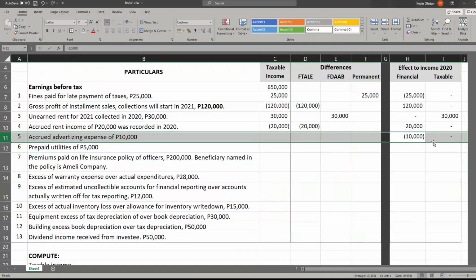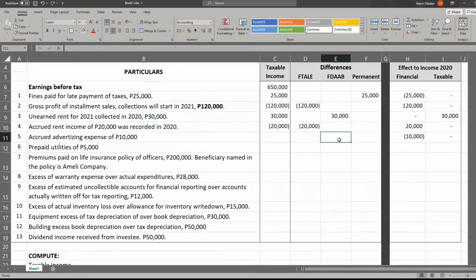That means, this is a future deductible amount. Hindi mo siya marirecognize as taxation deduction for 2020, pero in 2021 or in a future year, you can claim it as a deduction when you already pay for the advertising. So the 10,000 is a future deductible amount which will result to an asset benefit.